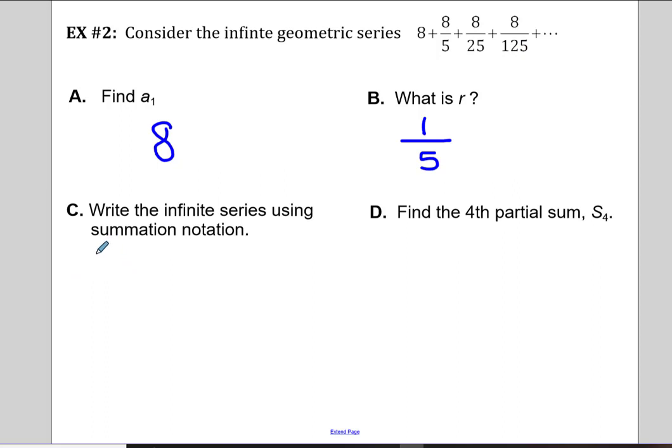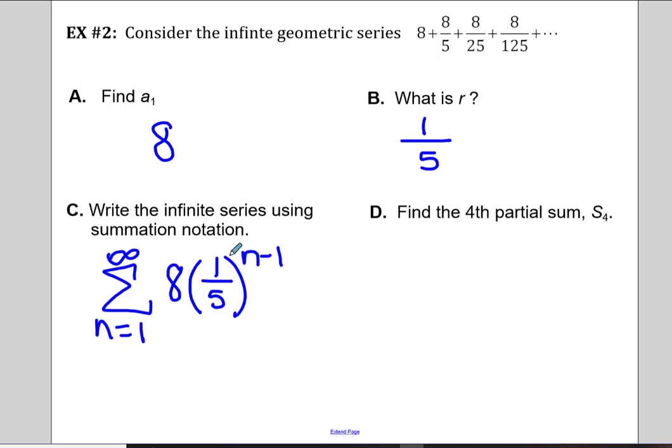If we want to write the infinite series using summation notation, I can write that as the sum, as n goes from 1 to infinity, of a times r to the n minus 1 power, and I'm using that more familiar pattern, the geometric series at the top.